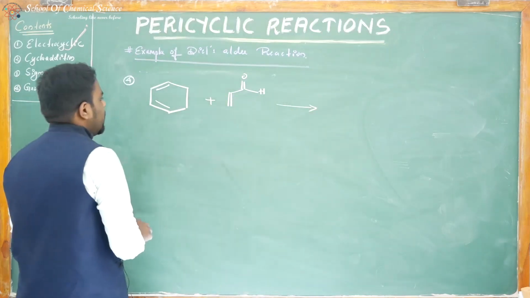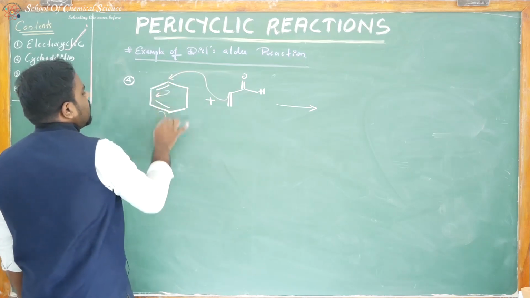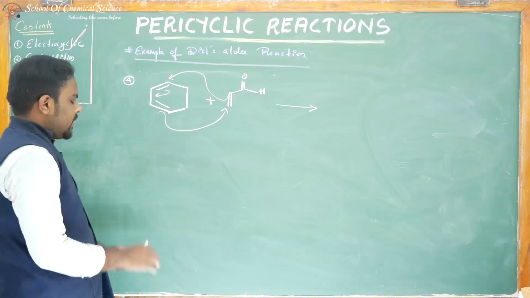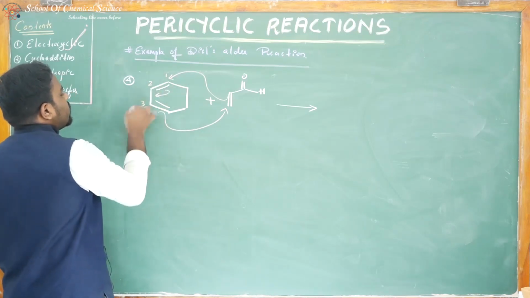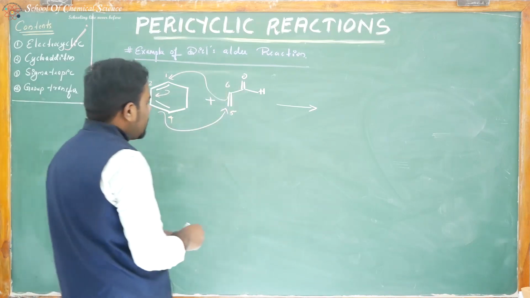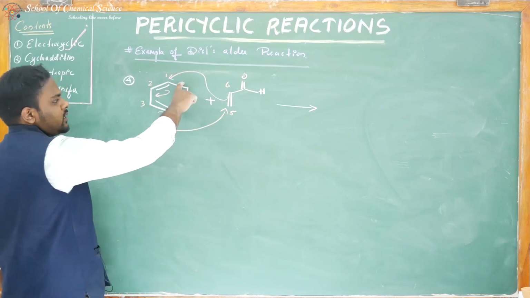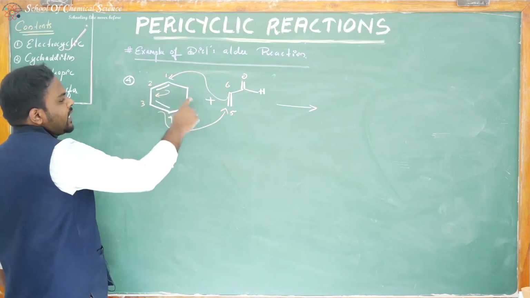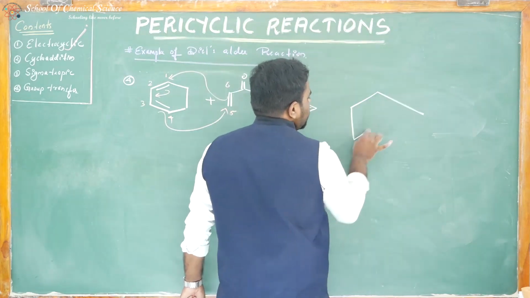Diene and a dienophile. How can you write the product? Ring formation. Giving numbers, this is 1, 2, 3, 4, 5, 6. So a 6-membered ring is your product and these two carbons act as a bridge. A 6-membered ring can be represented like this.